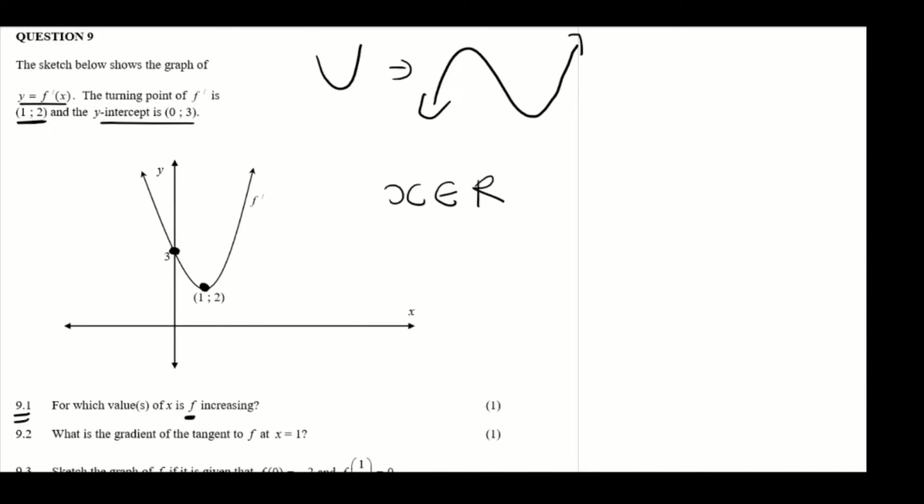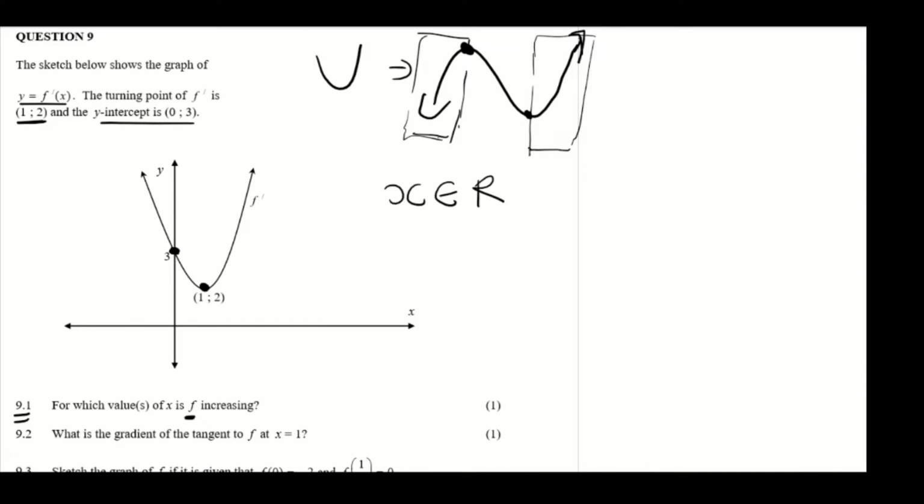If you look at this side here, the graph of a cubic function is increasing from negative infinity up until the turning point. And from this turning point, it is increasing all the way up to positive infinity.